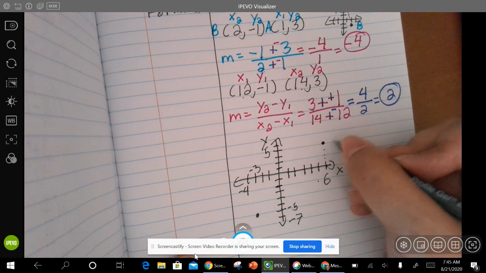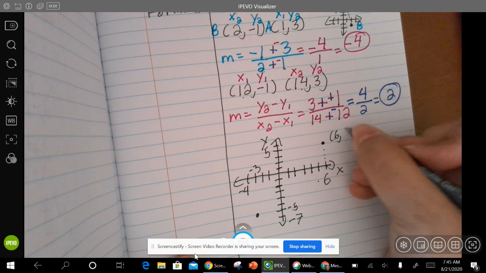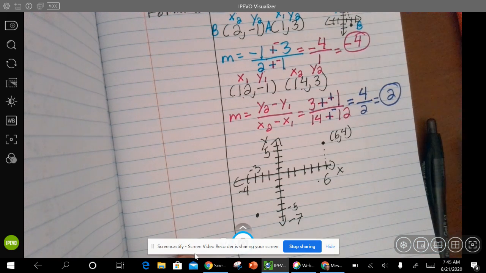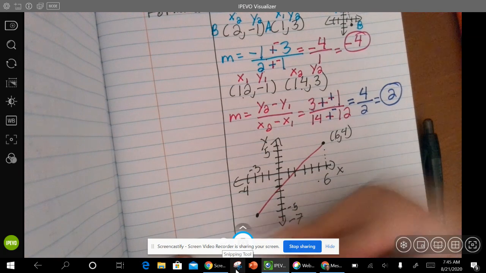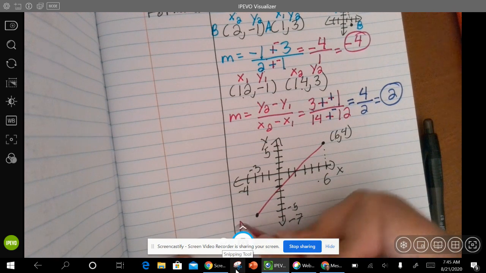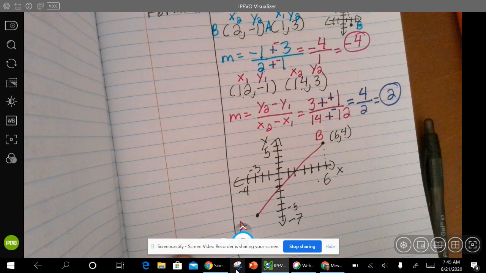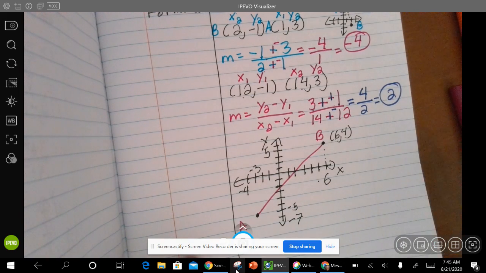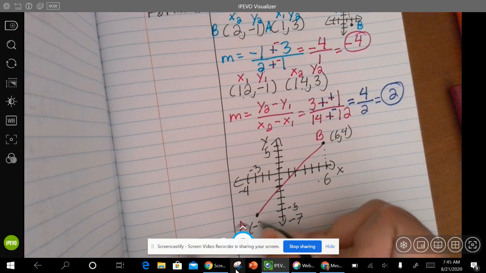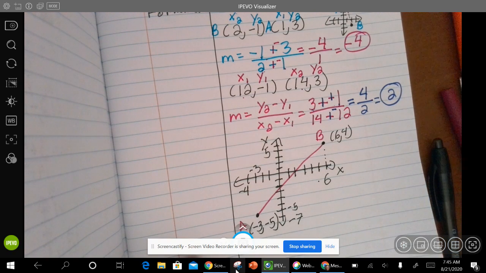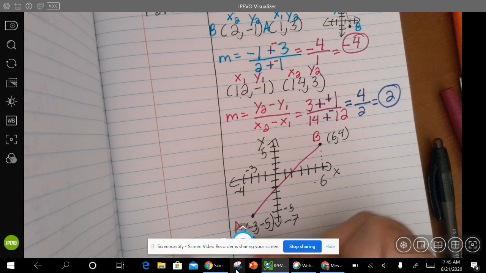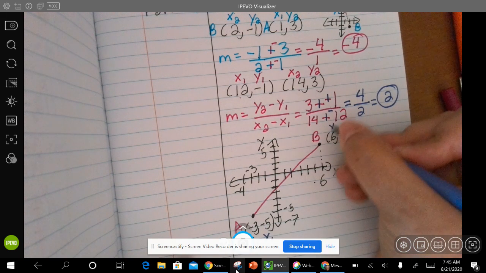So 4 would be right there. And everybody, you are writing this in your notebook as well. Okay. So this is going to be our A point. This is our B point. Of course, everybody, we're going to label them. So this one's going to be our first one. And B is our second point.